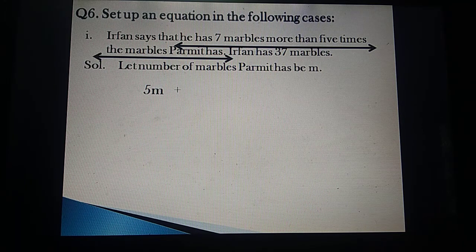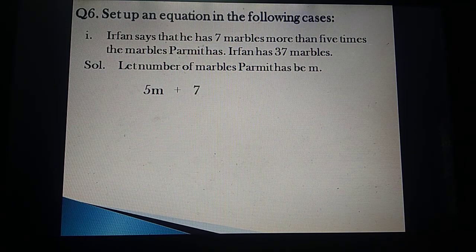More means plus 7. Now, this is the expression for Irfan. But in the next statement, it's given Irfan has 37 marbles in all. It means this expression will be equal to 37. And finally, this is your equation.